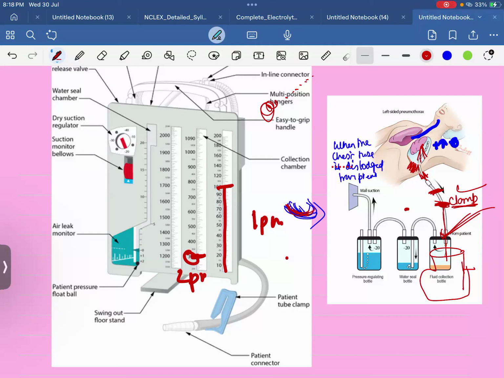Good point, but you were talking about dislodgement of the chest tube, and that will happen. Also blockage of the drain. In that condition, which drugs will we use? Streptokinase and also coagulation drugs. That is my point. But depending upon the situation, if we are draining any kind of air, then there's no need of streptokinase. If I'm draining a hemothorax, then I will go for streptokinase, or I can just line my tubing with heparin.